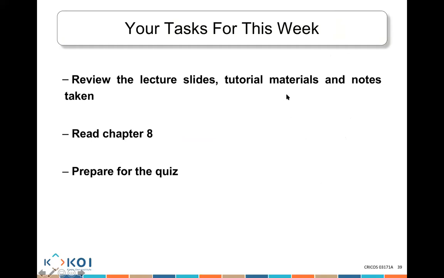Please read chapter 8, and all of these exercises we do must be known because they will potentially be in your quizzes and in your final exam. We have a quiz now, which you've already prepared for, but we do have another quiz that is coming up a bit later. So make sure you are also looking after the quiz and continue studying week by week, because I care about you and I want to make sure you will pass all of your subjects.